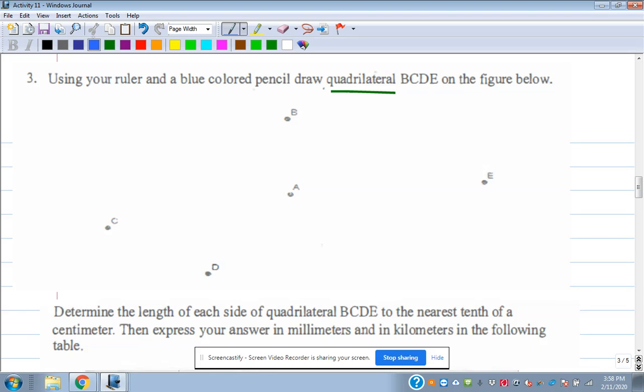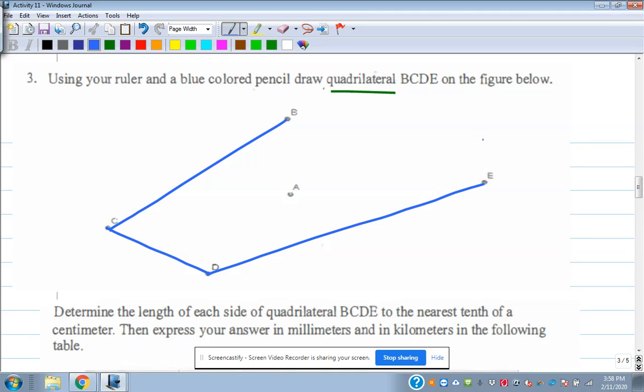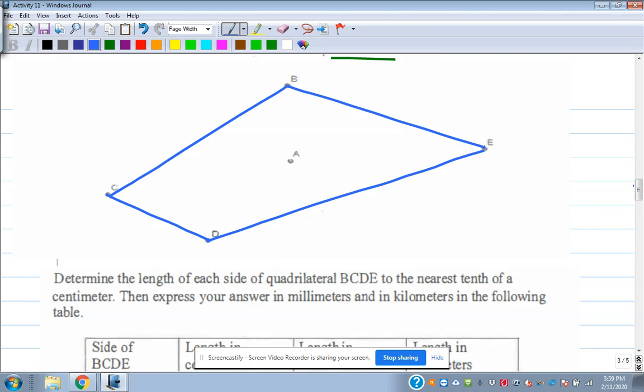So B, C, D, E. So I'm going to draw my lines from B to C. And then C to D. And then D to E. And then B to E, to finish the 4th side there. So we're just connecting the dots there. And we've drawn that picture out.